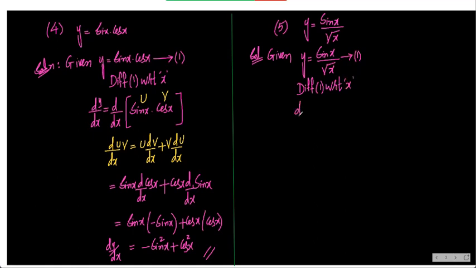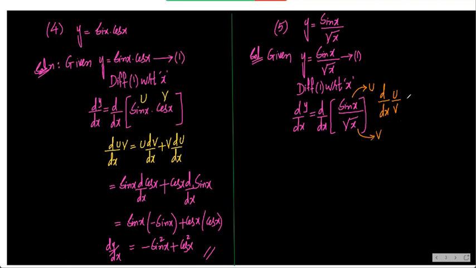Then applying the rule, we have d by dx of y is equal to d by dx of the numerator and denominator, both of which are functions. The numerator has a sin x function and the denominator has a root x function. So here our question is of this form, u by v form. According to the formula, this is taken as u and this term is taken as v.